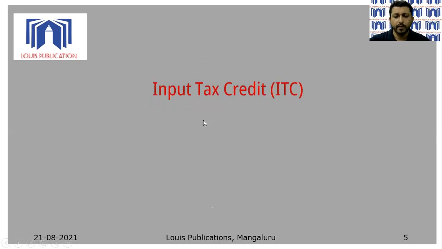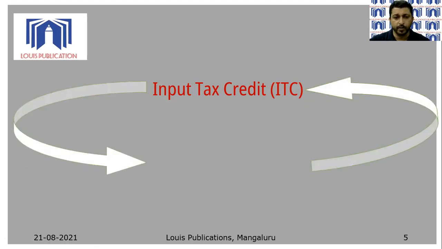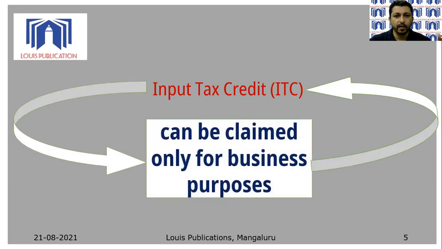Very important. When can an SSE or a registered dealer claim input tax credit? Very, very important. For any supply of goods, whether regular goods or capital goods, you can claim input tax credit only if it is used for business purposes.